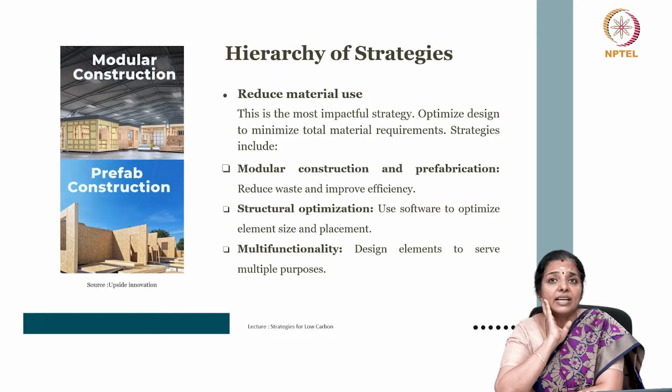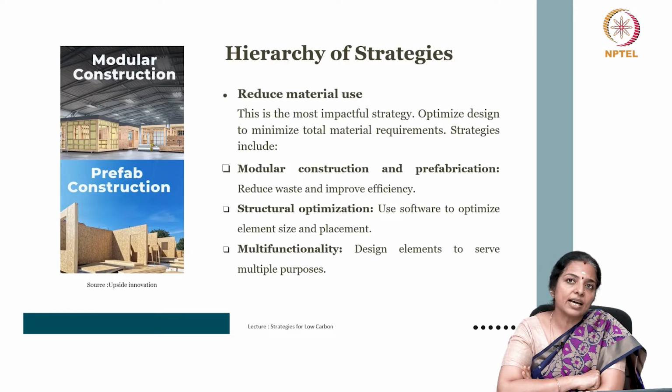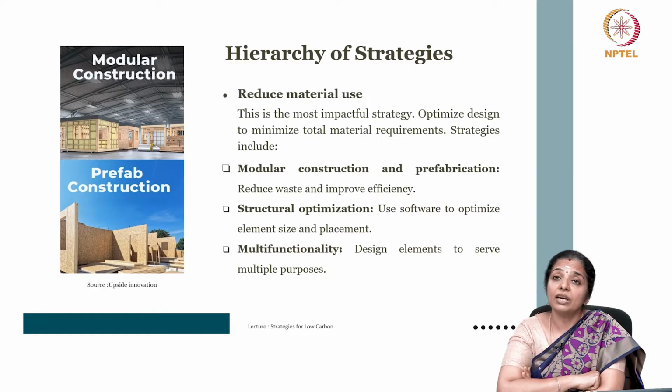You need to renovate existing assets rather than construct new ones, or mix and optimize uses rather than plan for single use. And there are three strategies to do this. One is modular construction. Off-site production of parts results in reduced emissions and work disruptions, which helps even in efficiency.